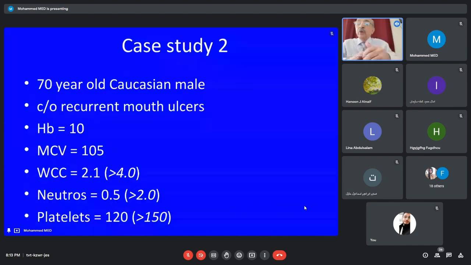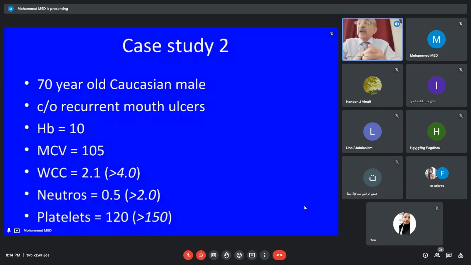The white cell is low, 2.1. The platelet is a little low as well, 120. This is, as a matter of fact, typical of B12 deficiency. In B12 deficiency, usually not only the hemoglobin will go down, but the platelets will go down, and the white blood cells will go down as well.